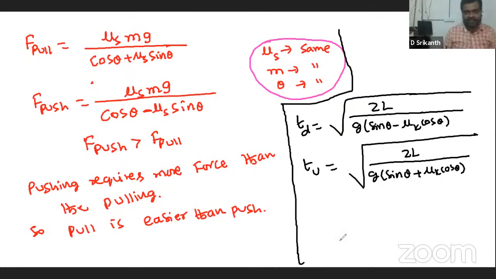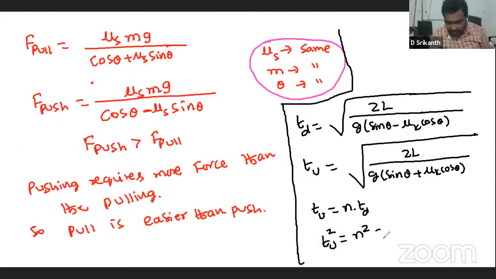For example, if they gave that the time of ascent is equal to n times that of the time of descent, that is, the time taken to slide up the inclined plane is equal to n times the time taken to slide down the inclined plane, then we can write tu square equal to n square into td square.